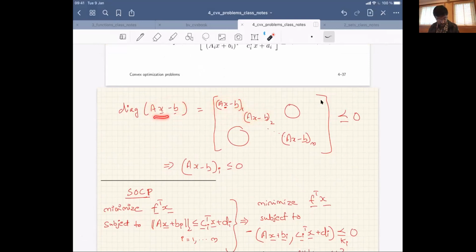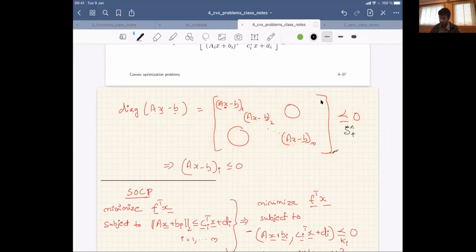That means we take each component of this vector AX minus B, and make a big matrix where the diagonals are these components, and the other off-diagonal elements are zero. Now what happens if you say this is less than or equal to zero? With respect to which cone is this inequality? You are comparing matrices, so it has to be Sn plus.